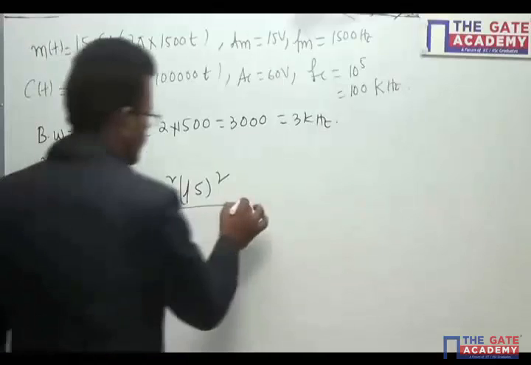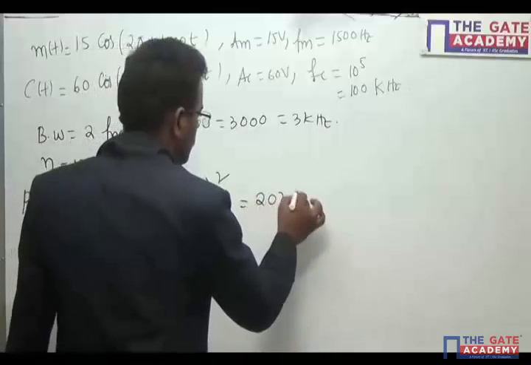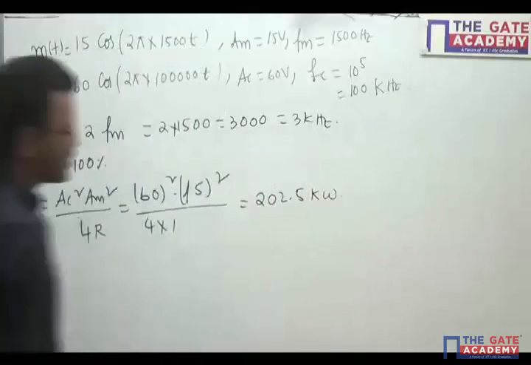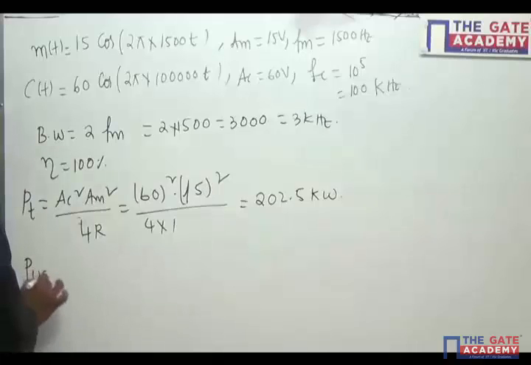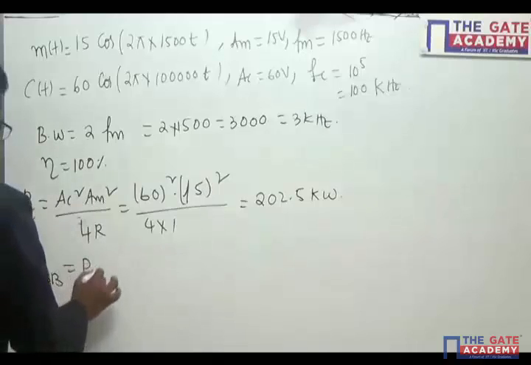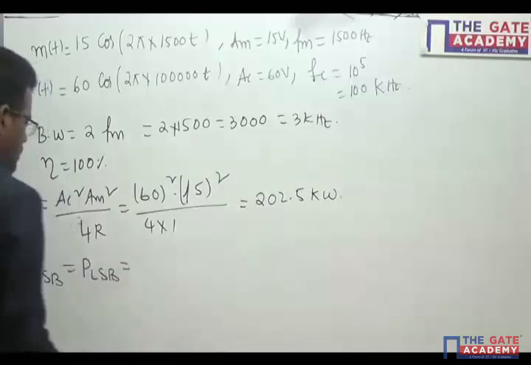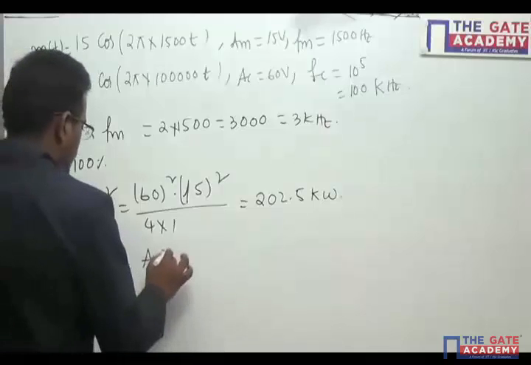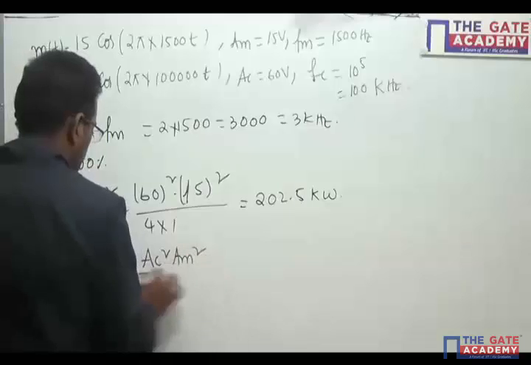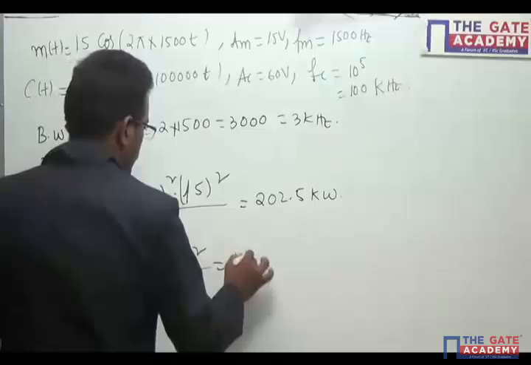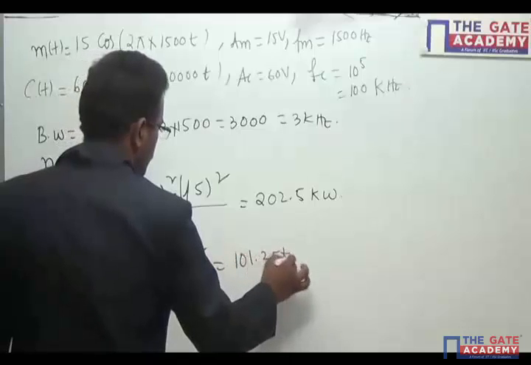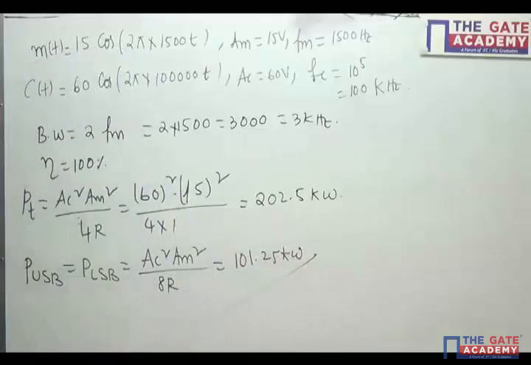You will get 202.5 kilowatts. We want to calculate the upper sideband as well as the lower sideband. Both will have the same power. What is that value? Ac square Am square by 8R. Then we will get 101.25 kilowatts.